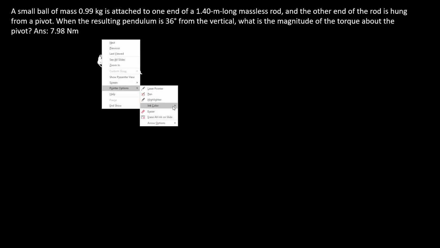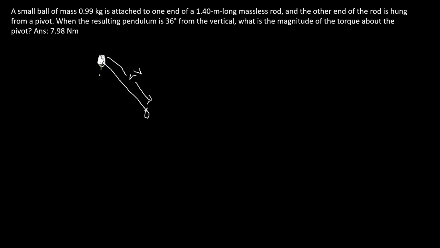So the pendulum is 36 degrees from the vertical, so this has to be at 36 degrees, right? What is the magnitude of the torque about the pivot?